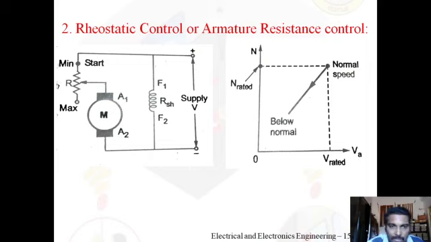As the value of resistance increases, the speed of the motor decreases linearly from the rated speed. This is regarding the armature resistance control, or rheostatic control, of the DC shunt motor.